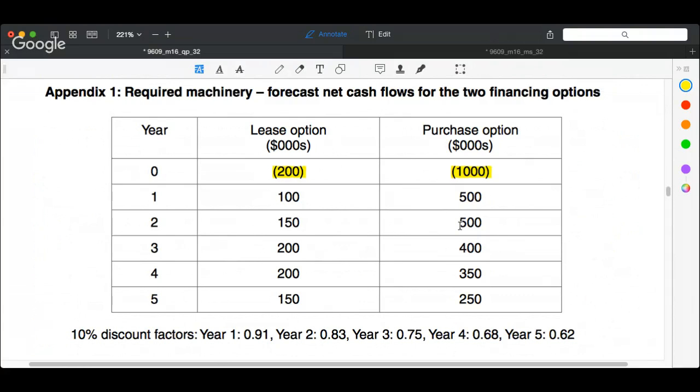So by the end of the second year, you've got these two 500s, this 500, that 500, paid back the 1,000 that you spent. So when you see those numbers, by the way, I want to double click this.